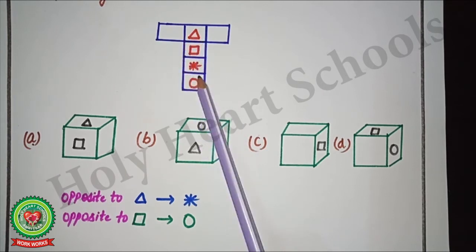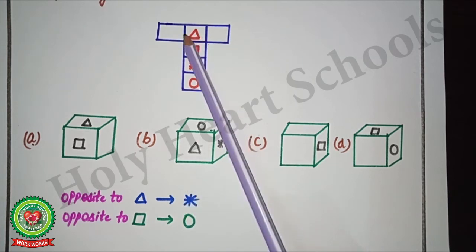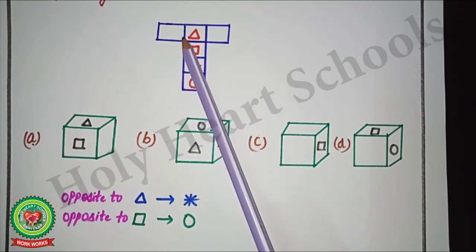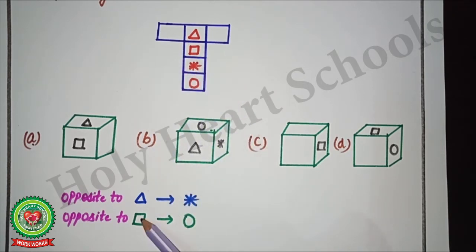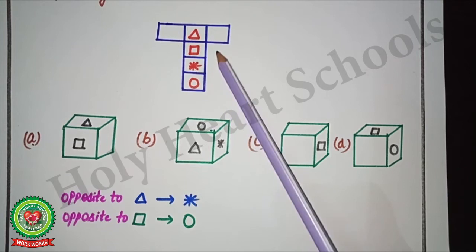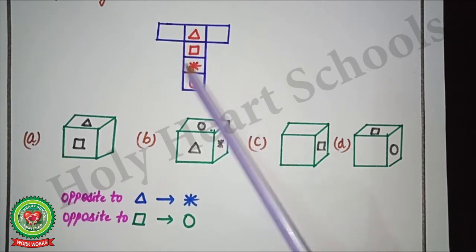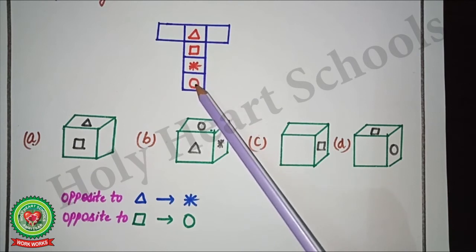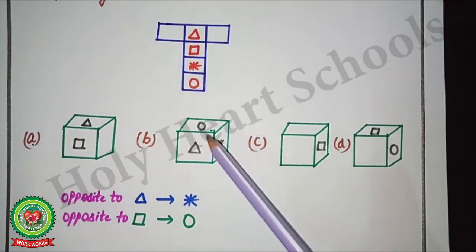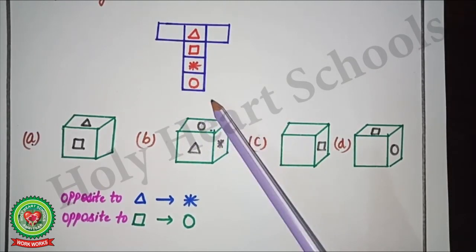Opposite to the triangle there will be a star, and the star will be opposite to the triangle, right? Similarly, a circle will be opposite to this square, or a square will be opposite to this circle. So that means we are taking alternate symbols, leaving one.